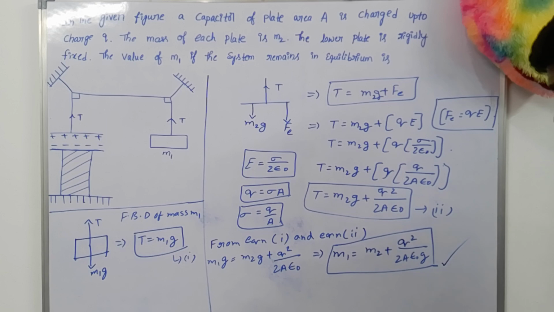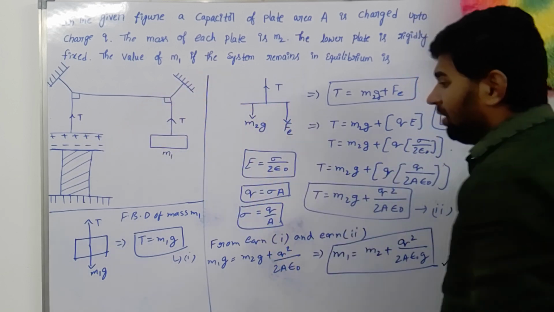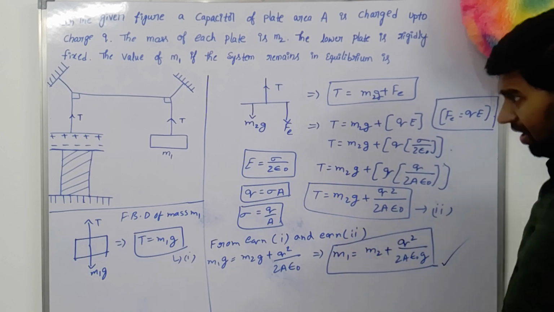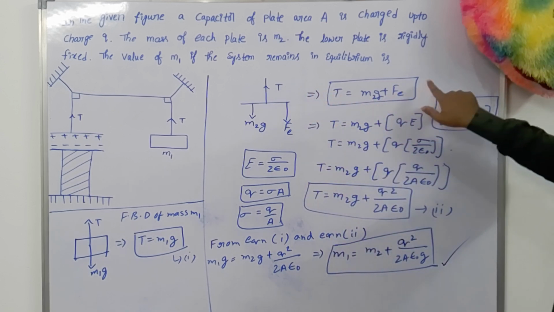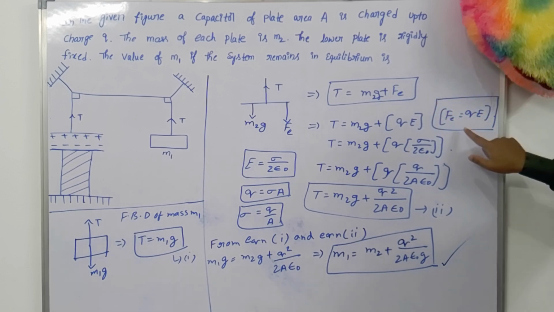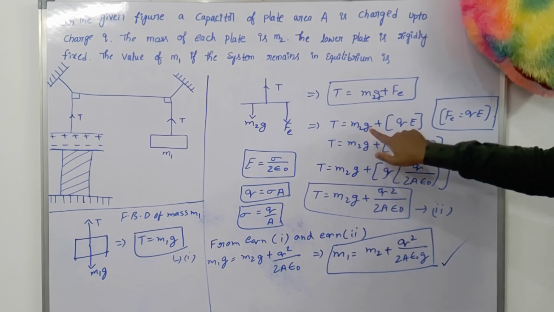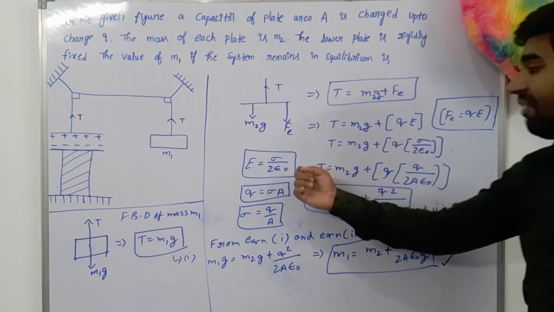On the other side, I have to draw one more free body diagram here. In this free body diagram, I got tension force T is equal to M2g plus Fe, where Fe is the electric force. We already know that F is equal to QE. From that I can write T is equal to M2g plus QE, and E is the electric field.